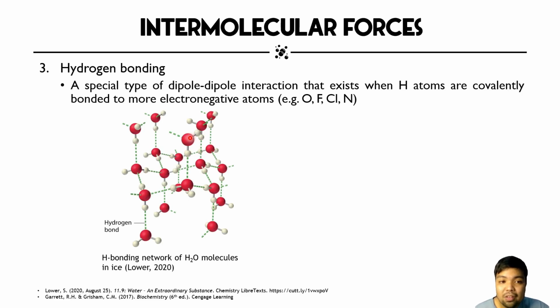So when water solidifies, it becomes ice, right? Now this unique H bonding network gives the characteristic crystal structure of your ice, and that also makes ice less dense than liquid water. And this hydrogen bonding also exists in biomolecules, specifically in your cellulose.